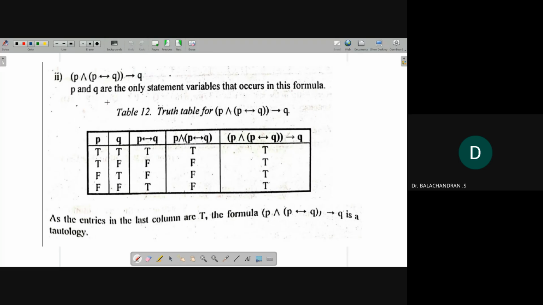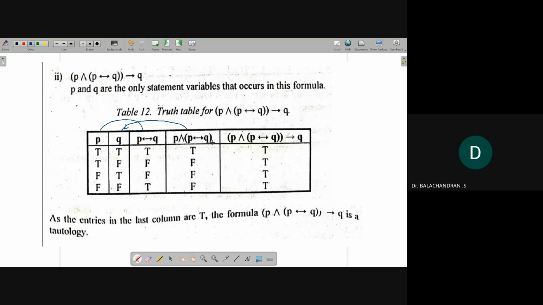Next, P and (P biconditional Q). It is true only if both of them are true. Remaining all other cases, it is false. So TT gives T, TF gives F, FF gives F, FT gives F. Next, P and (P biconditional Q) implies Q. So I am going from here to here.